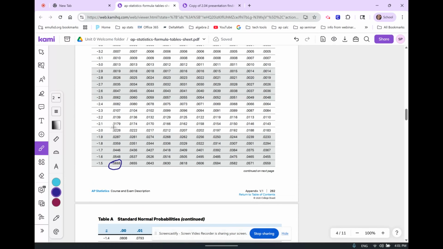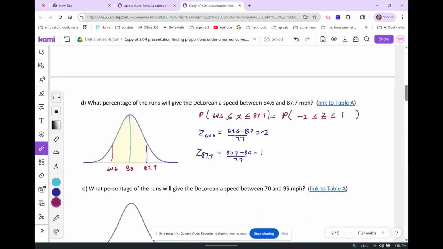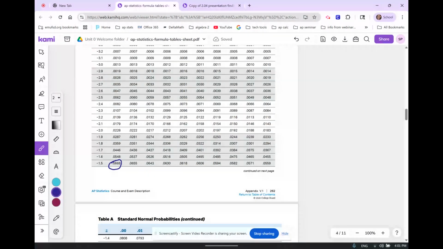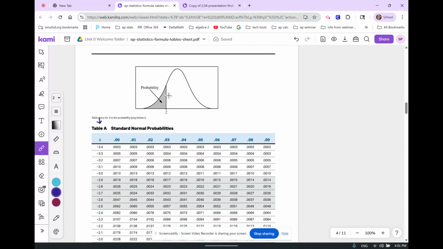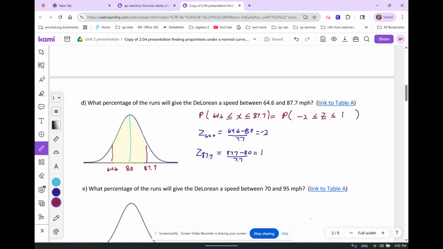So I hope you can see that. Well, how do you find the area in between? Remember, when you're looking at the table, it's always the area to the left of the cutoff score. So how you have to do this is you take the probability that the larger is less than 1 minus the probability you're going to, because that's going to go all the way to the right.